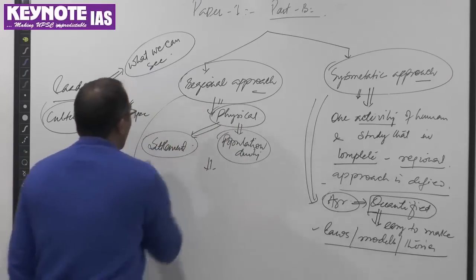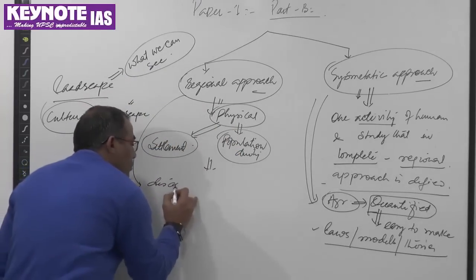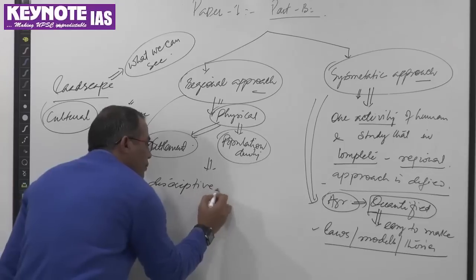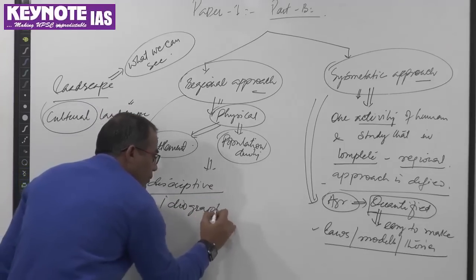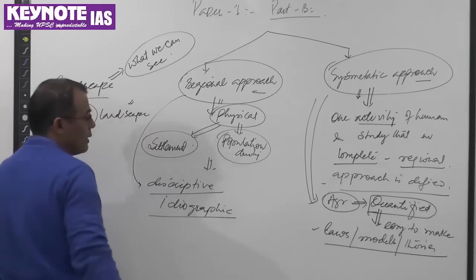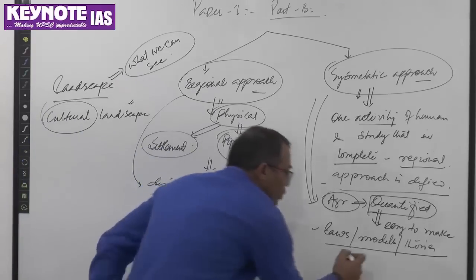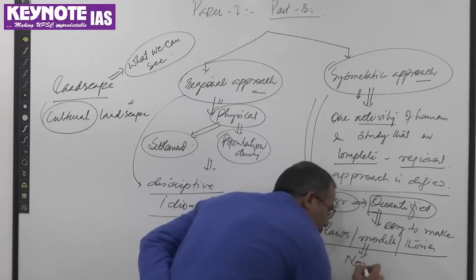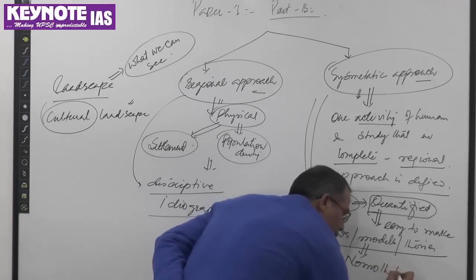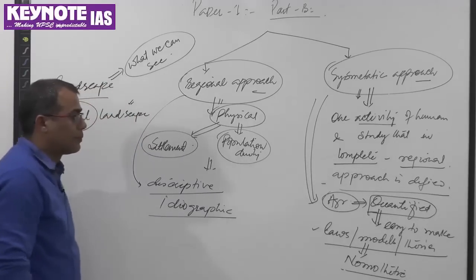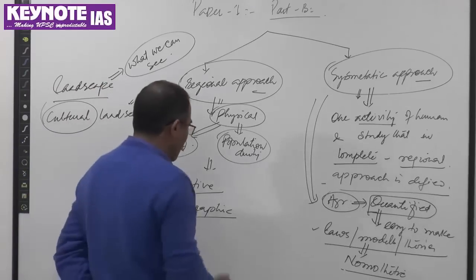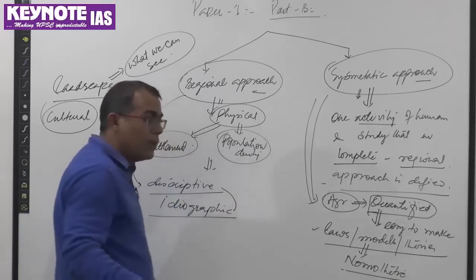Whereas in the regional approach, it becomes descriptive. Descriptive is what you call idiographic. This is what you call nomothetic. Nomothetic means scientific. That is descriptive.